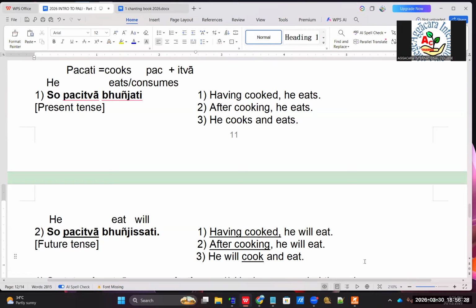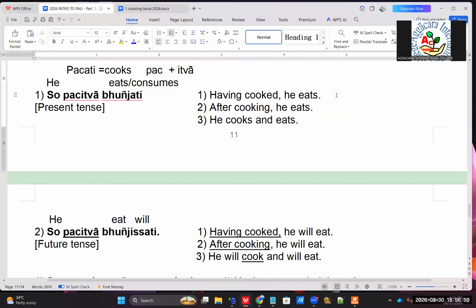Or you can write he will cook and he will eat also. Because this is future tense, but the earlier one is present tense, so the tenses are different. Present tense is ti. Future tense will be isati.